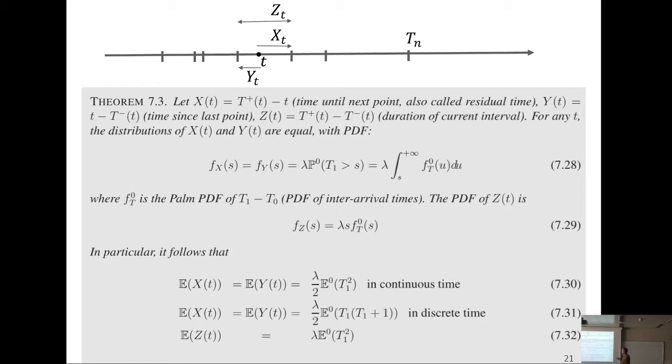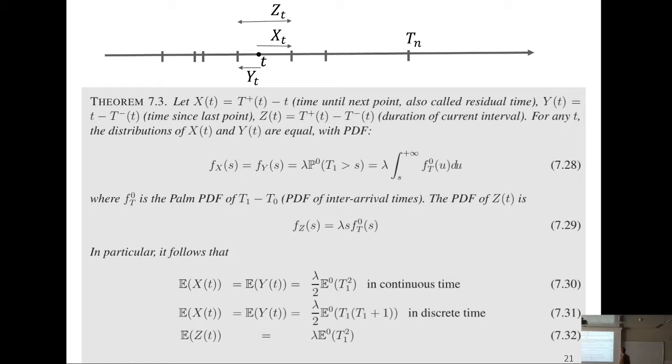If I call x of t, in general, for any system that has transitions Tn, the residual time, the time you have to wait for the next event. Again, I stress this is not necessarily a queuing system or a bus system. It's any kind of system that is stationary here. So x of t is the time to the next event, for example, the time until I reach the next waypoint.